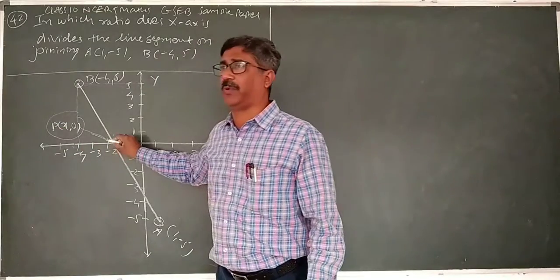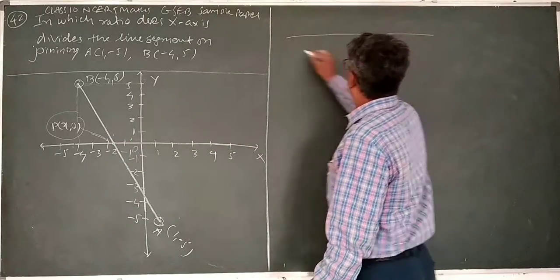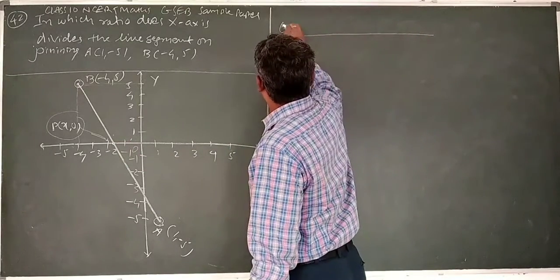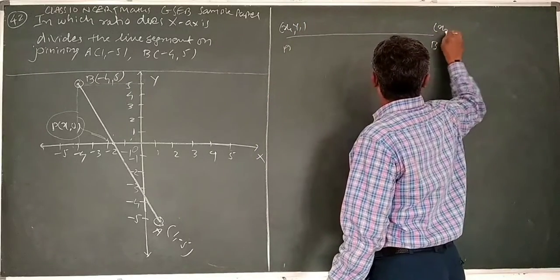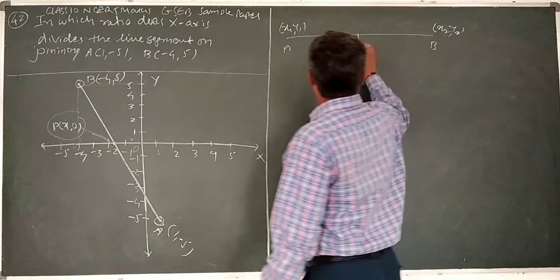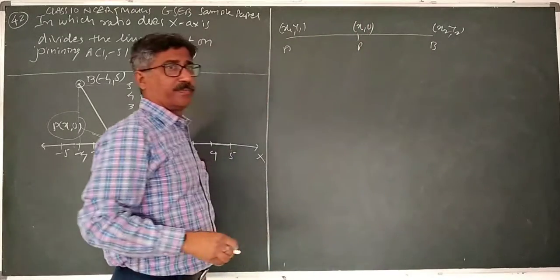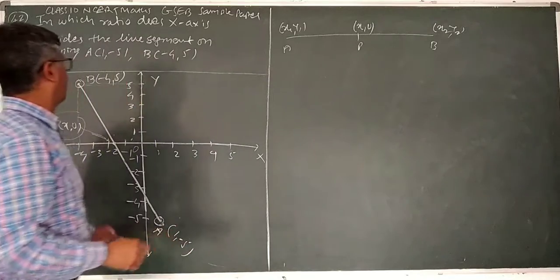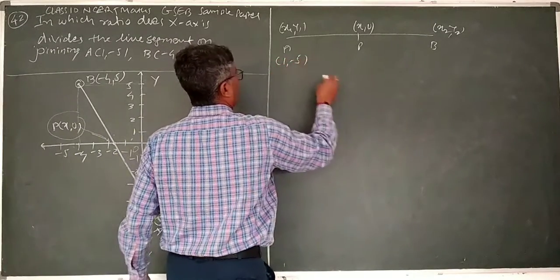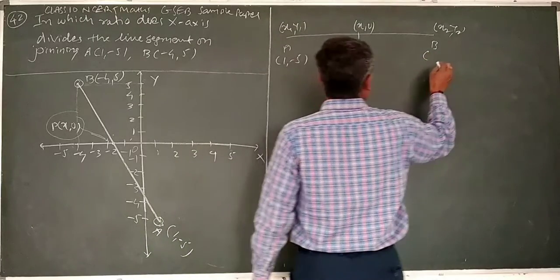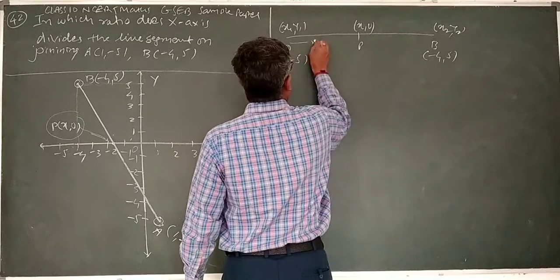Let us suppose that this point is P(x, 0). Then A is (x1, y1), B is (x2, y2), and P is (x, 0). Now (x1, y1) is (1, -5) and (x2, y2) is (-4, 5).